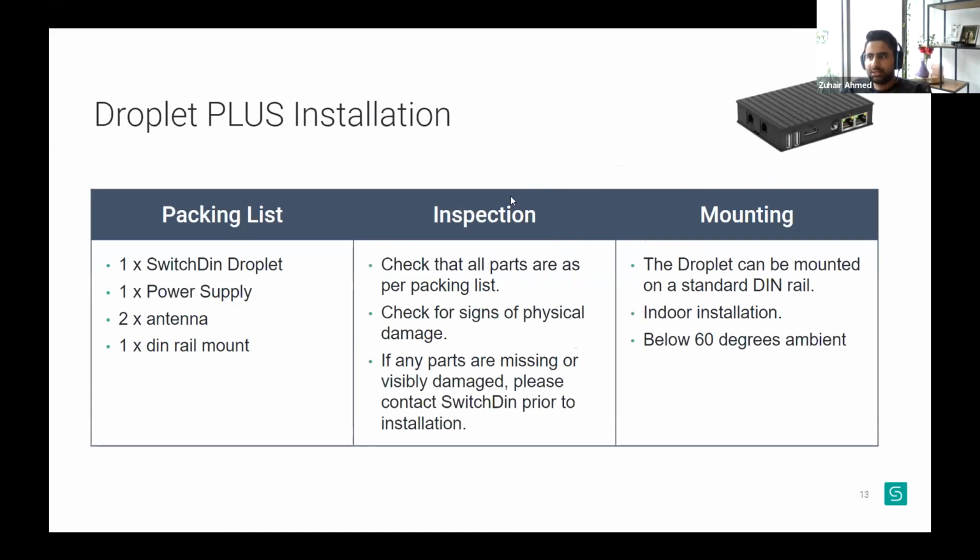The packing list for Droplet Plus will include an antenna for 4G connectivity, and since it's more rugged, the operating ambient temperature is 60 degrees or below.